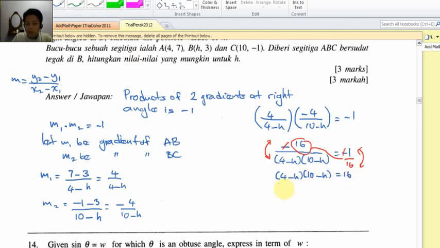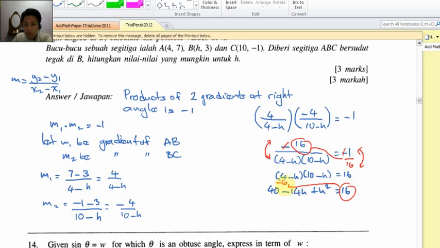So let's open up the brackets here. So 40, and then minus 4h and minus 10h become minus 14h, plus h squared, equals 16. Then let's move 16 over to the other side, it becomes minus 16.